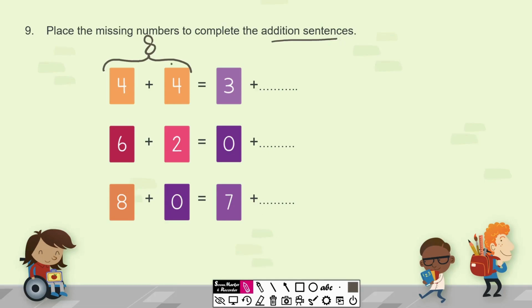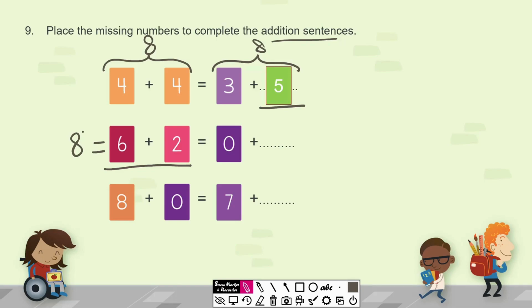So, 4 plus 4 is equal to 8. 3 plus what is equal to 8? Now, tell me quickly. Yes. 3 plus 5 is equal to 8. 6 plus 2 is equal to, tell me. 6 plus 2 is equal to 8.